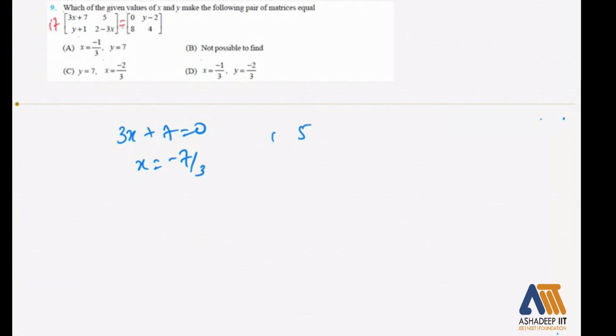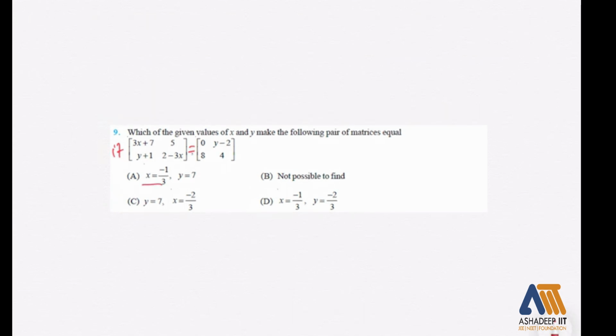Then next, 5 is equal to y minus 2. So here we will get y is equal to 7. If we see the answer, x is equal to minus 7 by 3, that is not given in any option. In the first option, x is equal to minus 1 by 3, second option minus 2 by 3, and in the fourth option x is equal to minus 1 by 3.